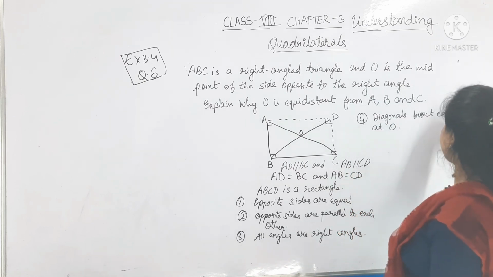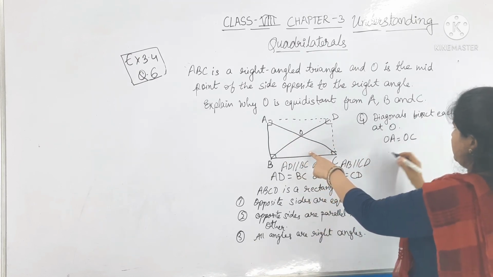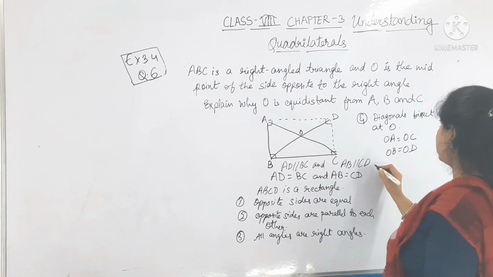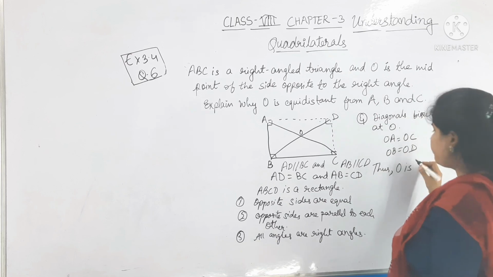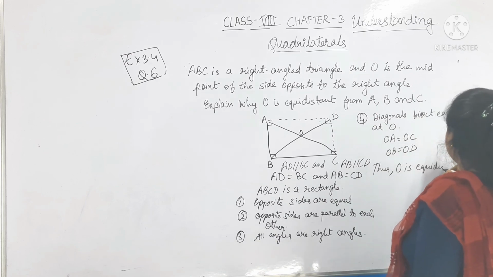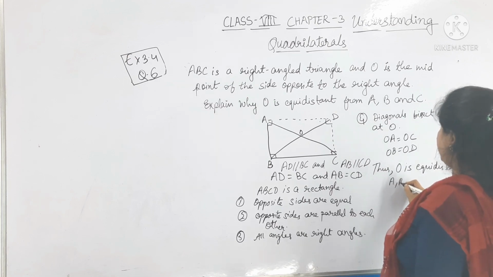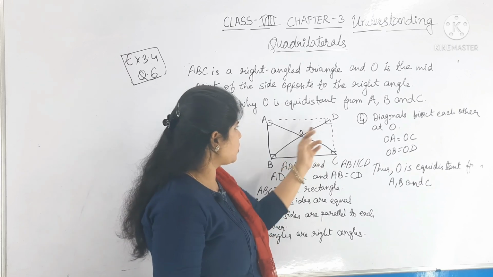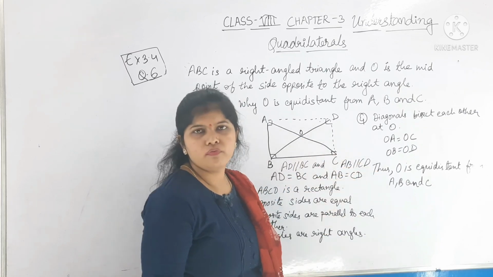Diagonals bisect each other at O, which means OA is equal to OC, and OB is equal to OD. Therefore, hence proved, O is equidistant from A, B and C. It is bisecting each other at O, therefore OB is equal to OD and OA is equal to OC. Thus O is equidistant from A, B and C.